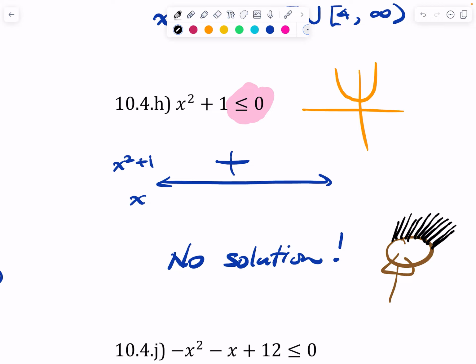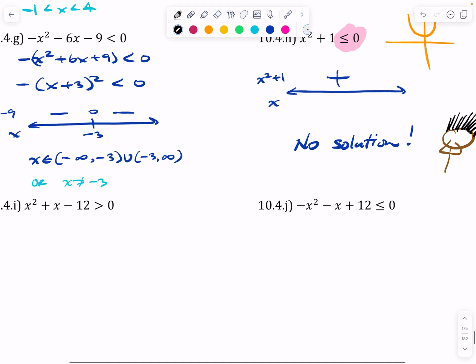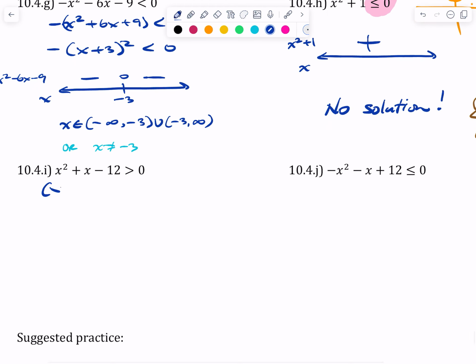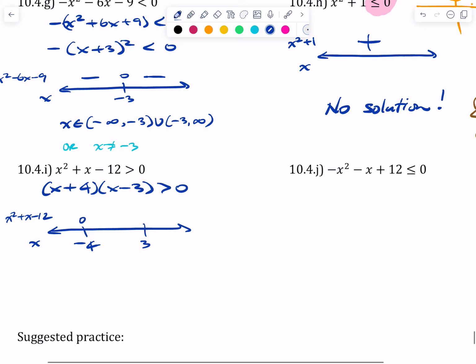Last two examples come down very similarly in terms of their factoring. Second last one is x plus 4 times x minus 3. And it's got a sign diagram. Looks like it's upward opening.